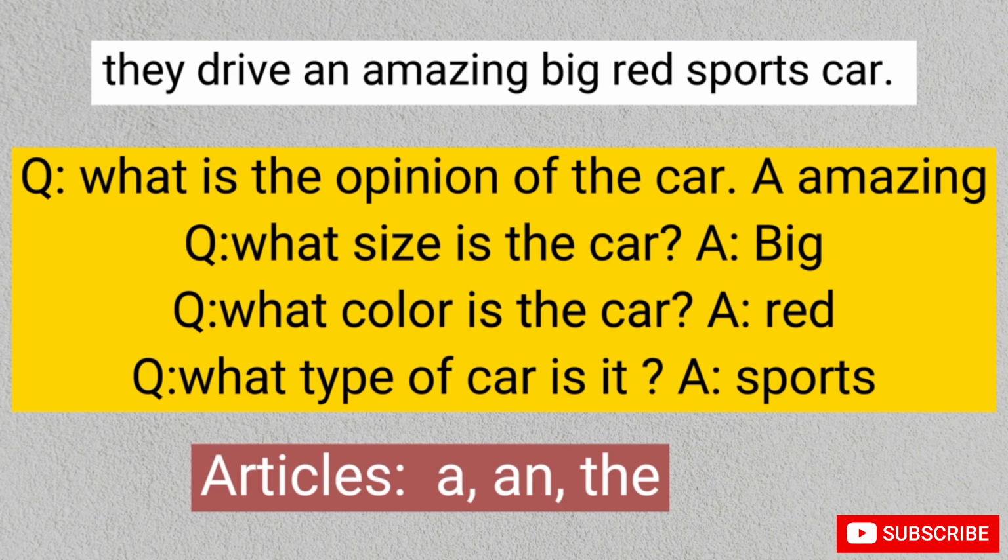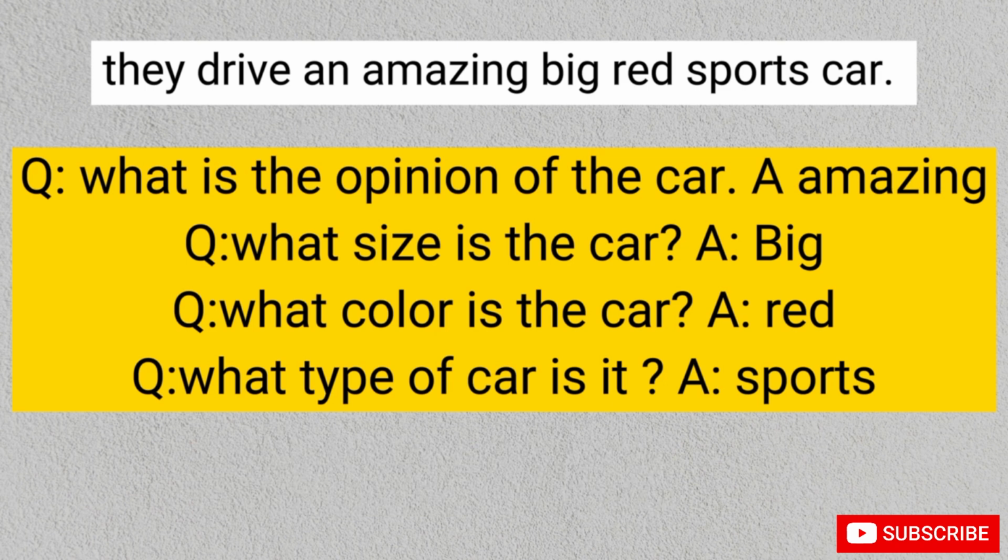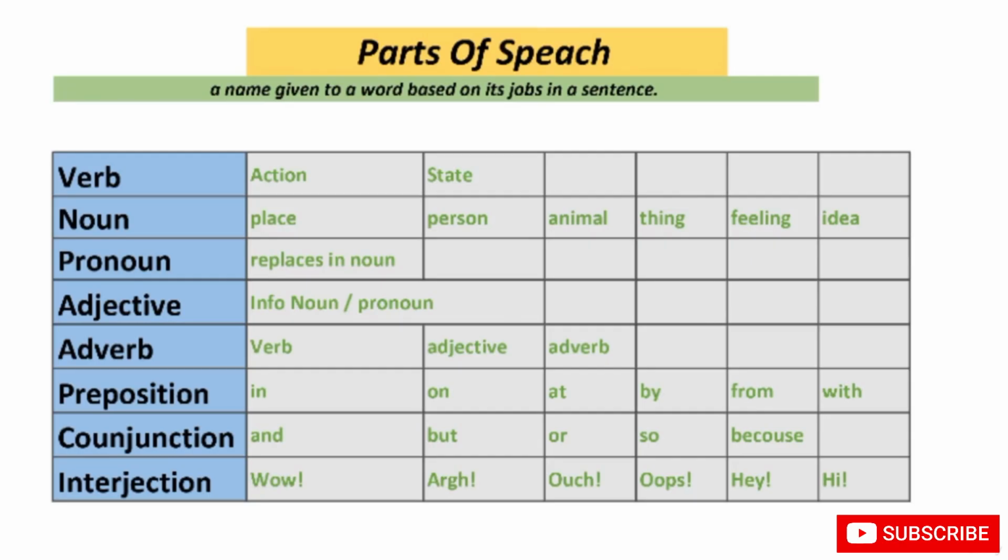We know that because we said an amazing big red sports car. So remember that adjectives give us information about nouns and pronouns, and they answer questions like what type, what color, what size, etc.